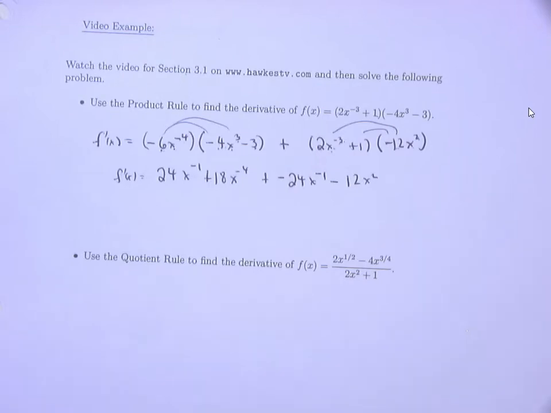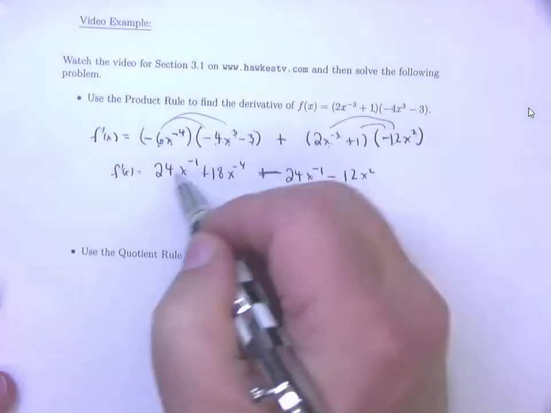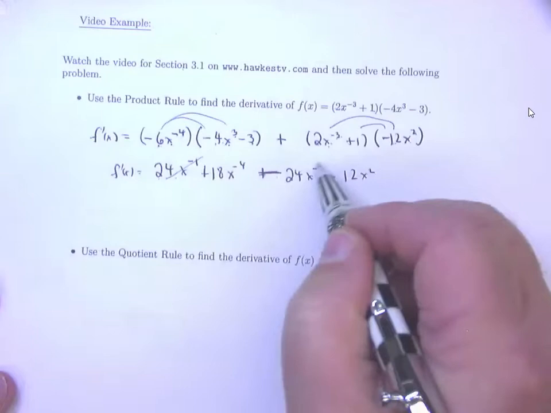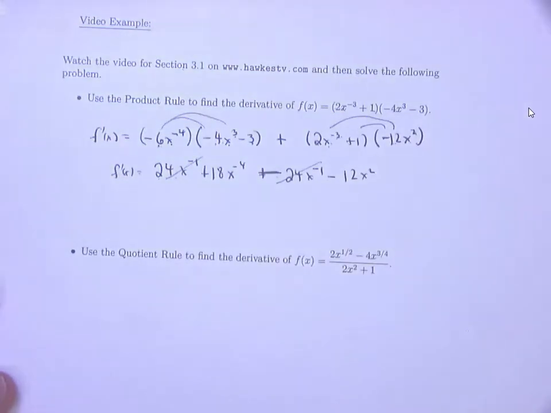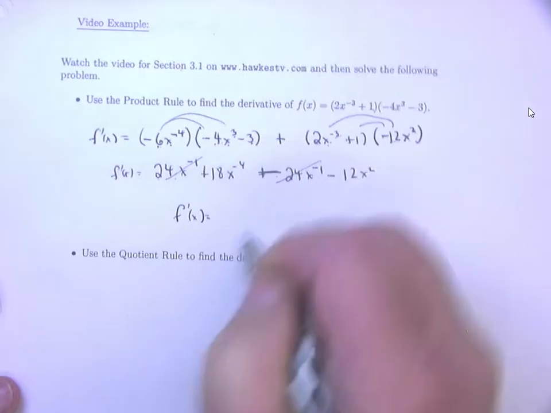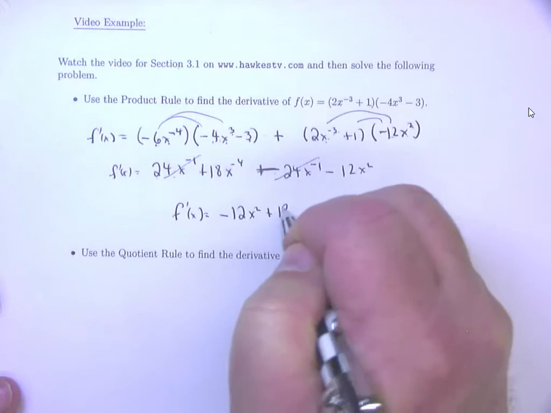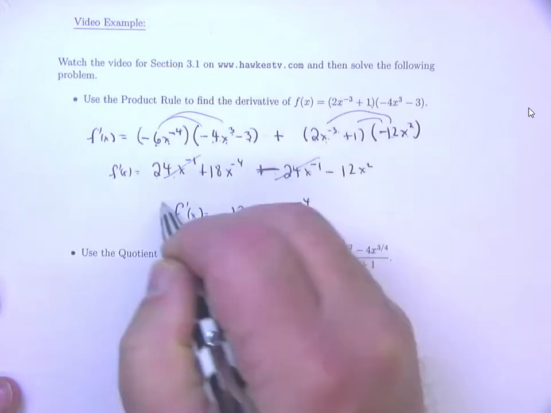Okay? So when I'm cleaning this guy up, what do you happen to notice? Plus a negative is a minus. Okay, great. But that 24x to the negative 1 minus 24x to the negative 1 ends up wonderfully canceling. And I end up getting f prime of x equal to negative 12x squared plus 18x to the negative 4.